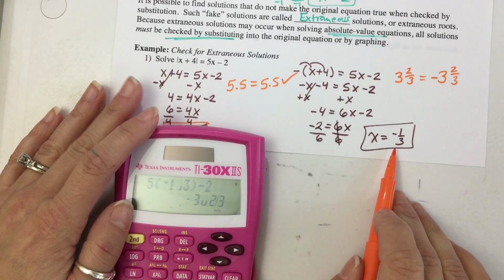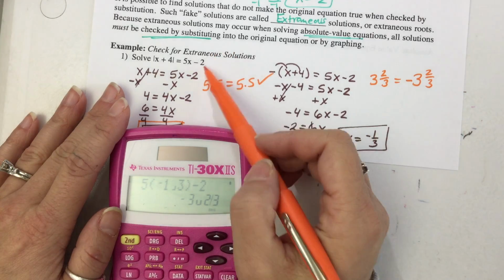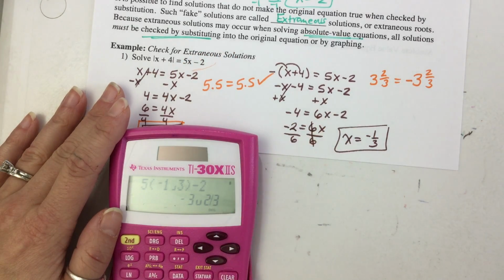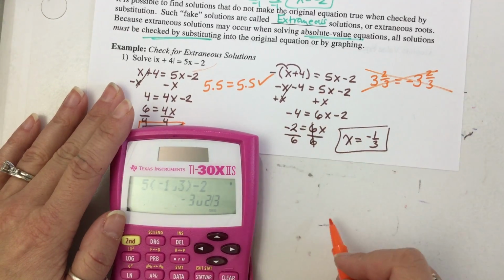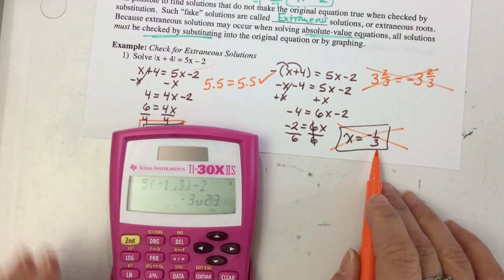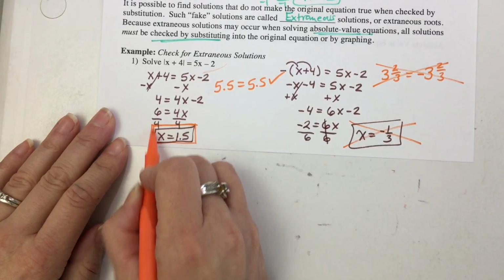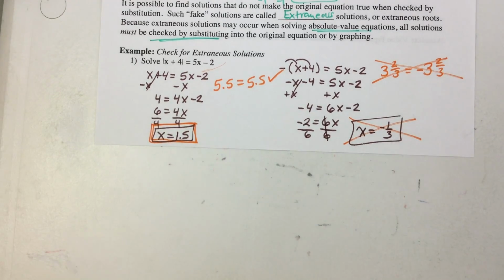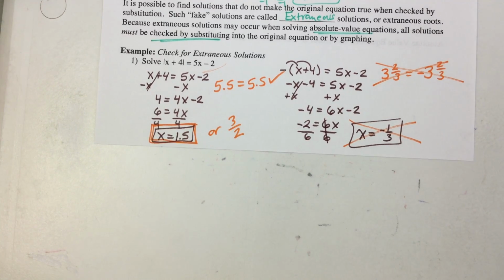So when I fill this in on this side, I end up with a negative value. This does not have an absolute value around it, so I can't change it to a positive. These two values, they're not the same thing. They're not a true statement. So this is called an extraneous solution. You have to eliminate it. Our actual solution to this problem is 1.5, or if you kept it in fraction form, 3/2.